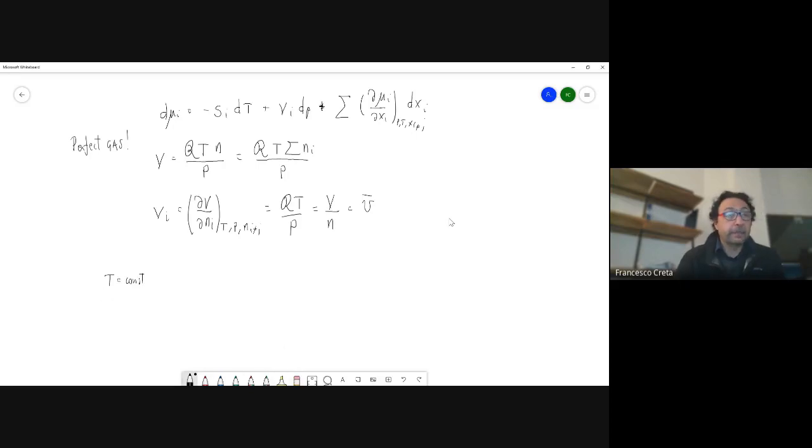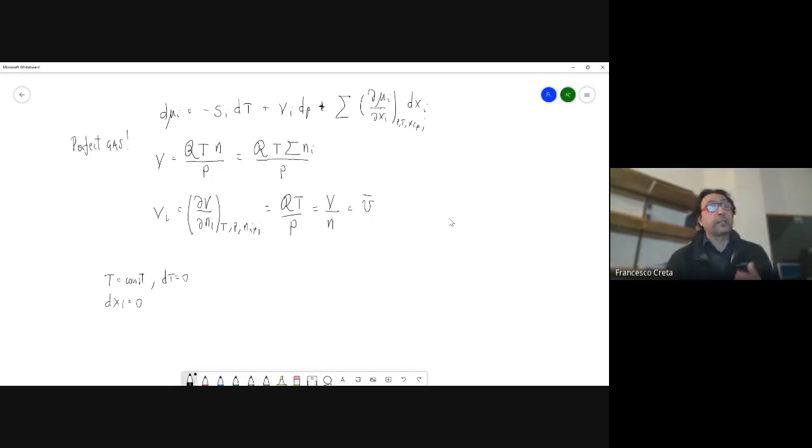I keep the system at a constant temperature, so dT is equal to 0, so this term is not there. And consider that I'm not changing the overall composition, so the dxi is also equal to 0.